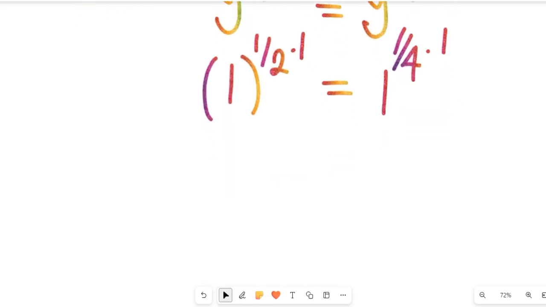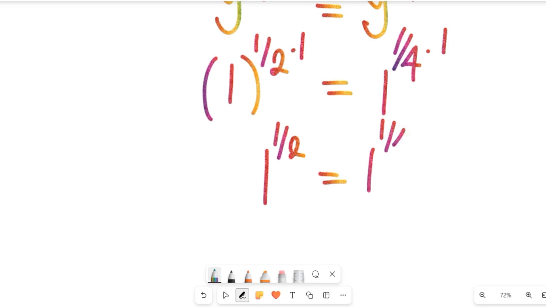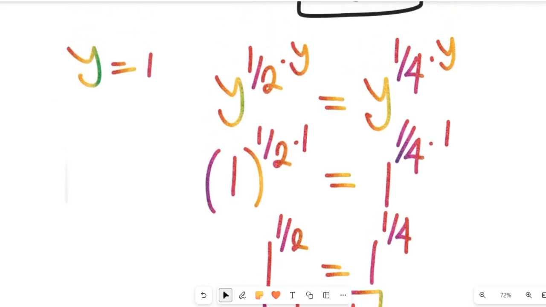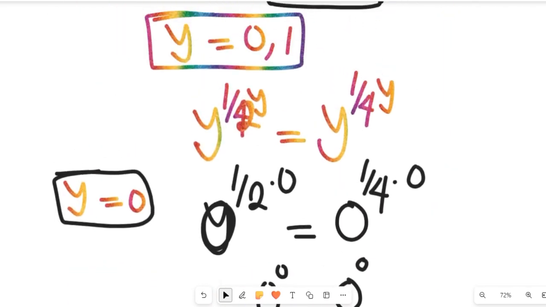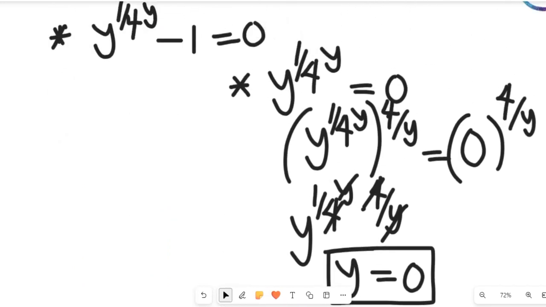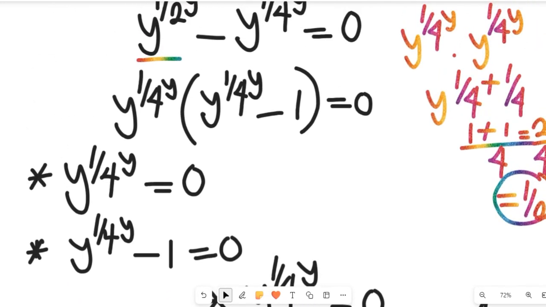So what would that give us? That will give us 1 to the power of 1 divided by 2 equal to 1 to the power of 1 divided by 4. So what do we have? 1 to the power of 0.5 will definitely give us 1, and 1 to the power of 1 divided by 4 will be 1. So our 1 on the left hand side is equal to 1 on the right hand side. So that tells us that y equal to 0 and 1 satisfies the exponential equation that is given to us up there.